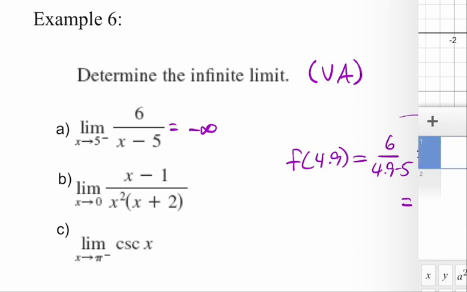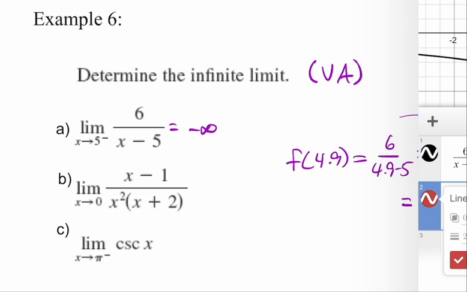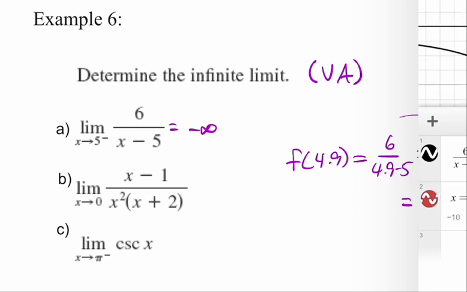I'm going to show you the graph momentarily here. If I can.